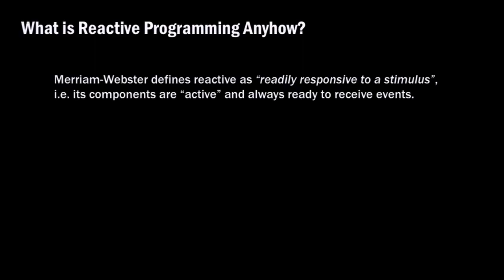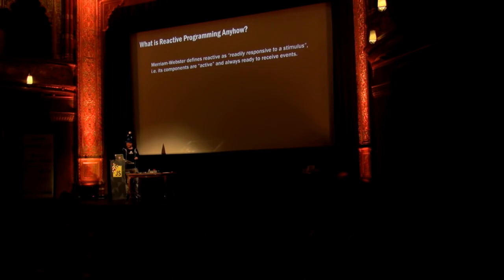So people keep asking, well, what is this buzzword about reactive programming? Because everyone sees React, whatever. It's such an overloaded term now. And so people are saying, well, what is reactive? Well, the dictionary just says readily responds to a stimulus. Okay, not really all that useful, is it?